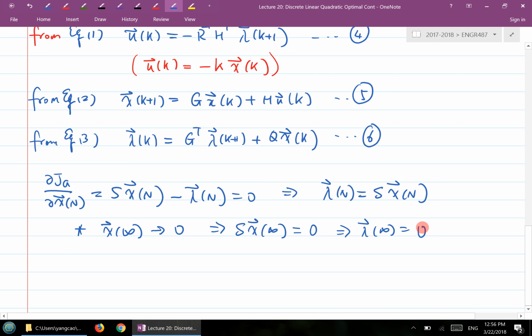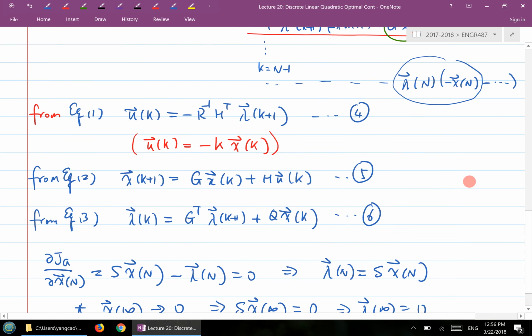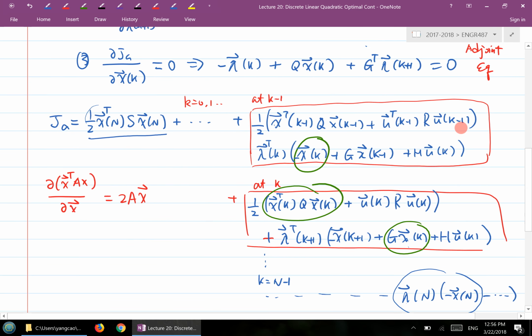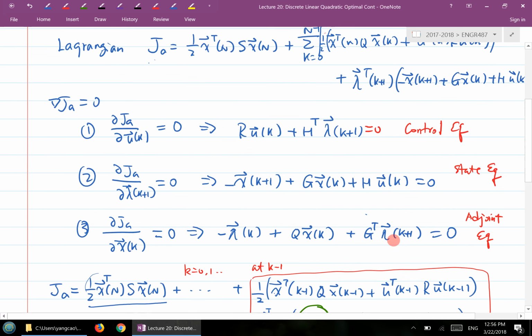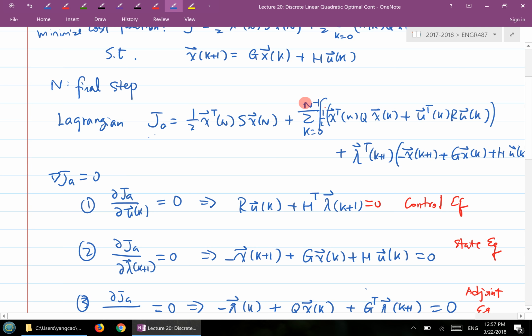Is that good? And second of all, if k really goes to infinity, then the cost function here is not going to have a finite final step. Then I really don't need this term at all, right?